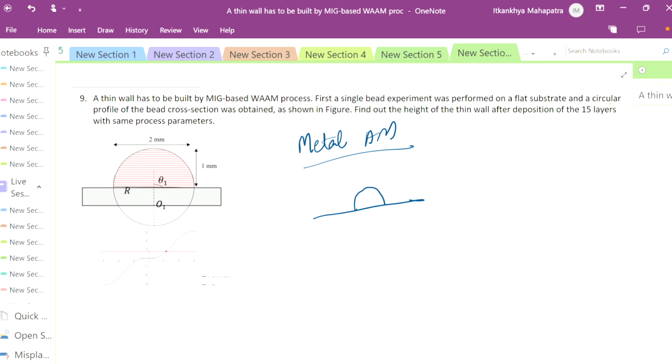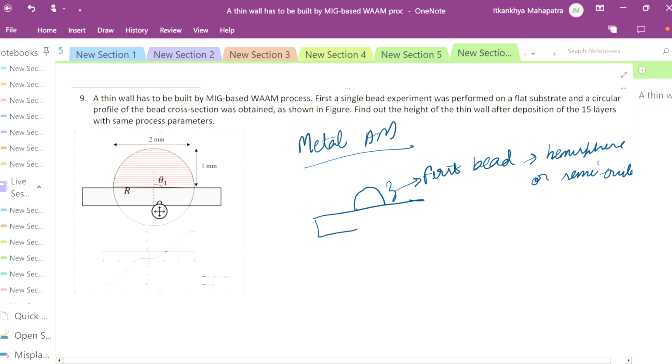Consider this as the first bead, and we are considering it as a hemisphere or semicircle. This is your base plate or substrate.